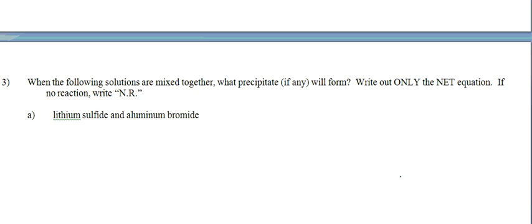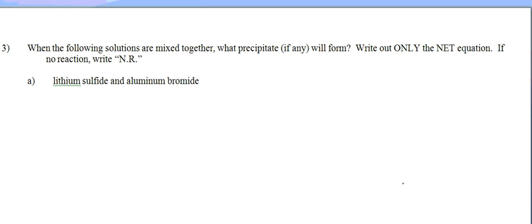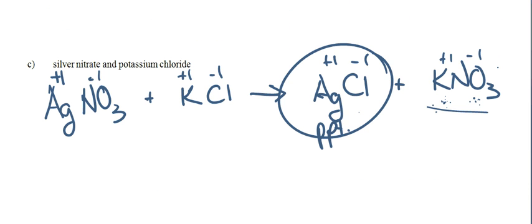All right. Number 3. Net ionic equation. When we talk about net ionic equation, we're talking about the equation that shows the formation of the precipitate. What I've actually been doing up here isn't even the ionic equation.